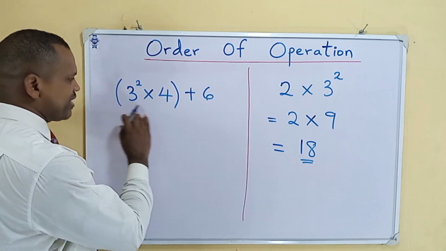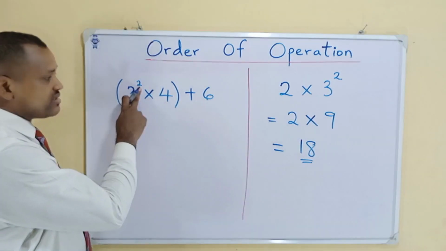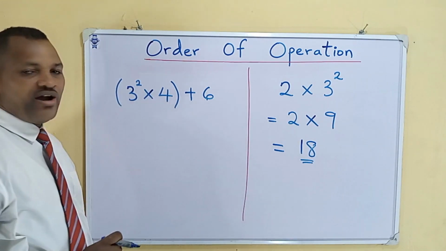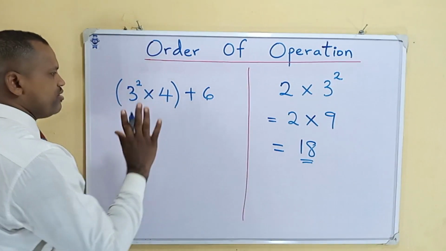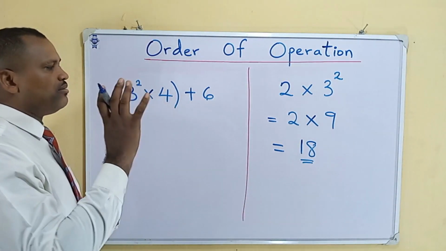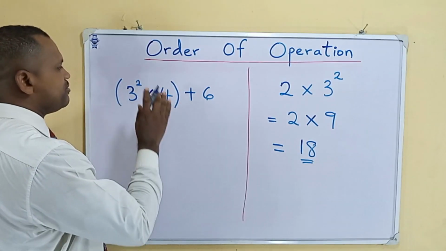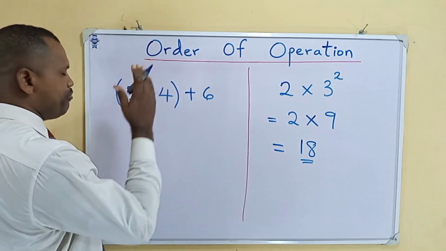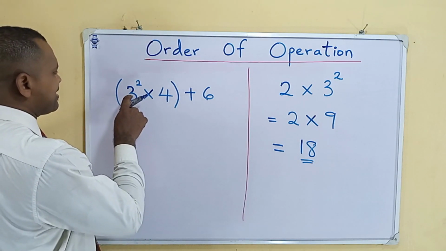Here we have parentheses, we have exponents, we have times, we have addition. But of course, we will start with the ones inside the what? Bracket first, or parentheses. So let's start with it.